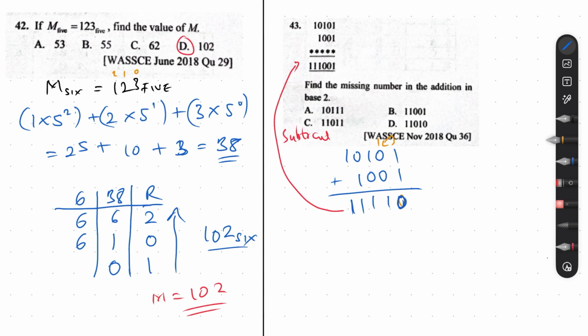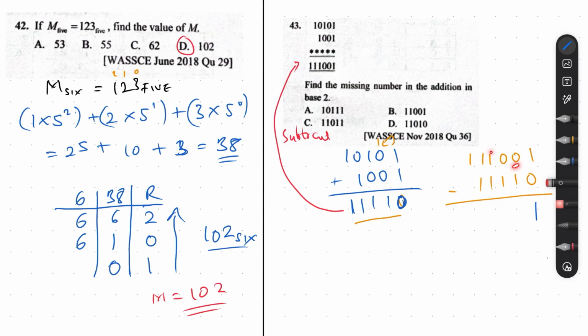You have 111001 minus this, which is 01111. Okay, cool. So we have 1 minus 0, which is 1. And here we have 0 minus 1, which is what?